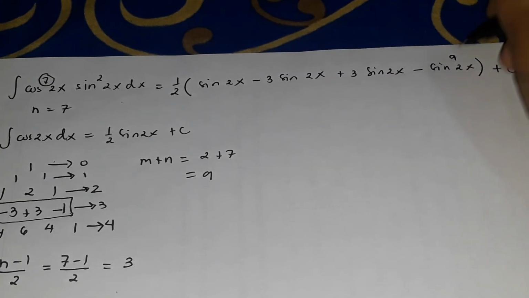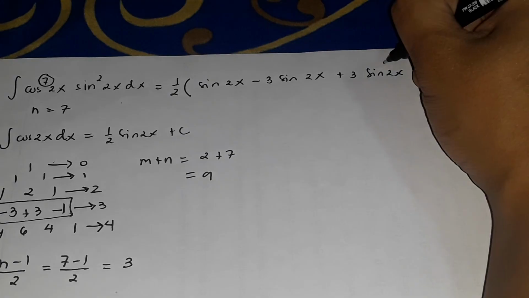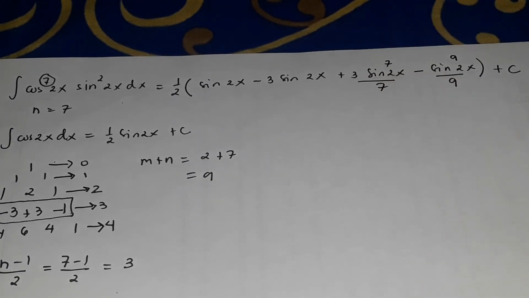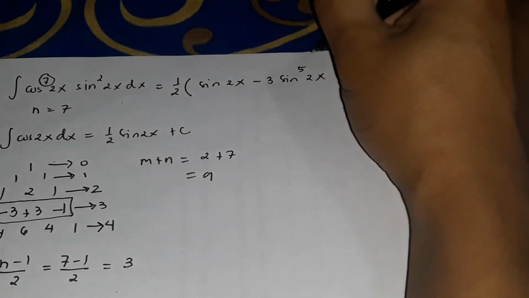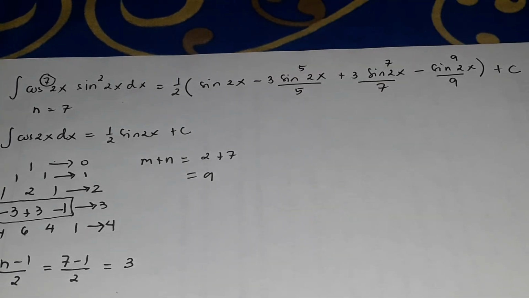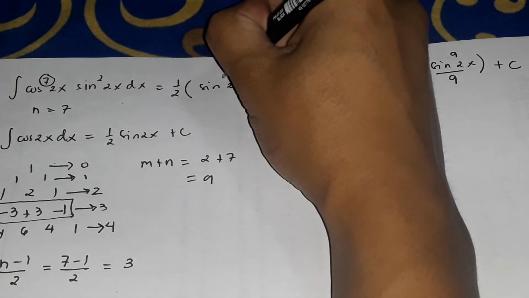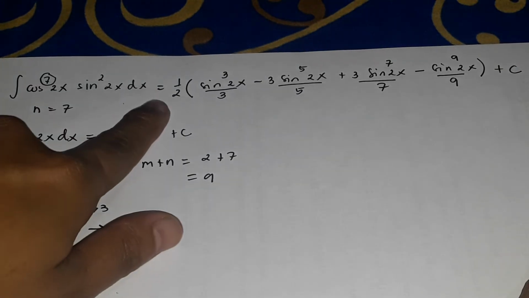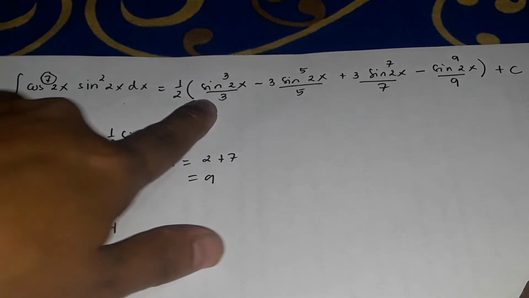So let's start at 9 over 9. Then the next odd integer would be 7, 7 over 7. And then the next will be 5 over 5. And then the last odd integer would be 3 over 3. Okay? And then the only thing left is to introduce 1/2 to each term here.